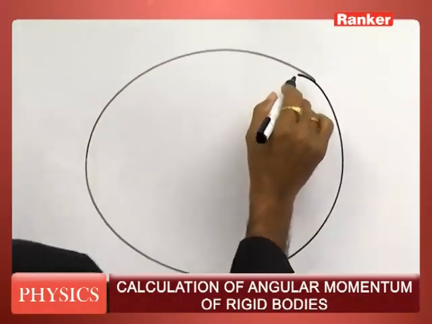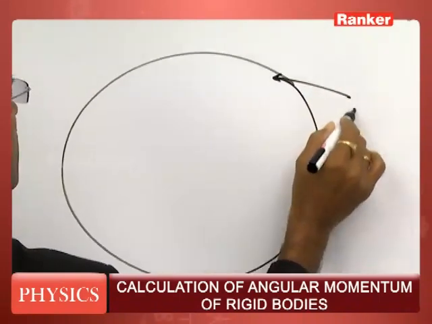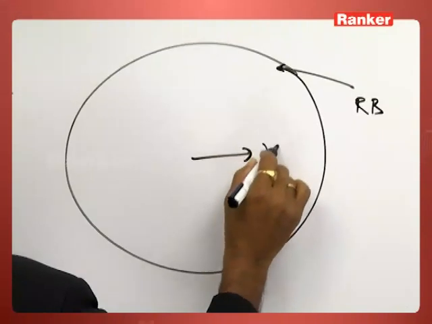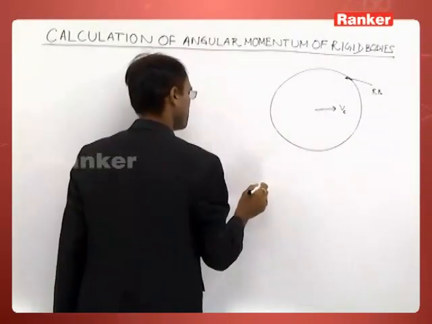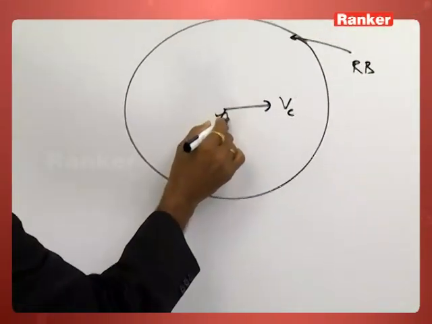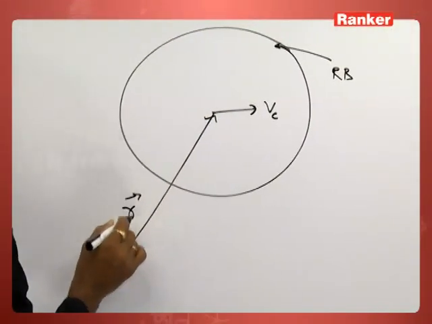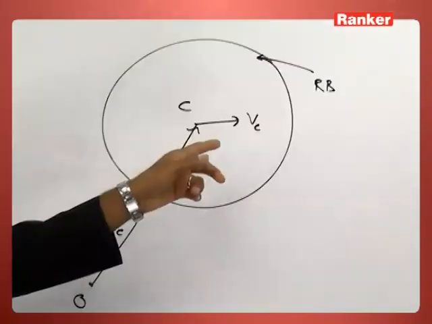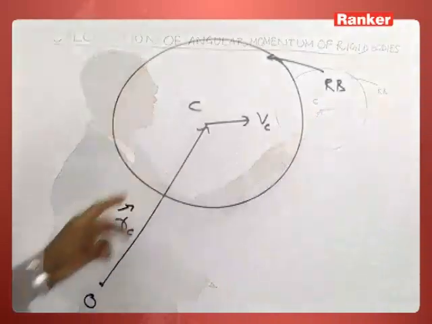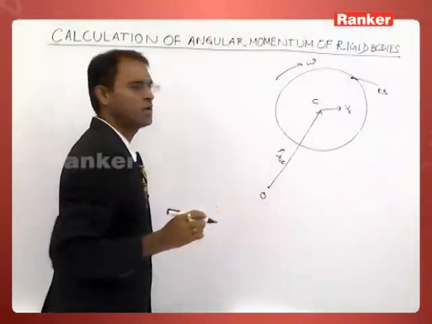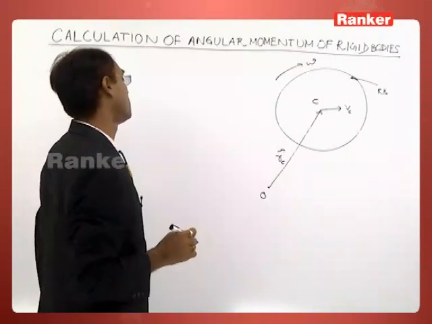This is a rigid body. Let us assume that the center of mass moves with velocity v_C with respect to the point of reference. This is the position vector of the center of mass with respect to the point of reference. Spin of the rigid body is omega.